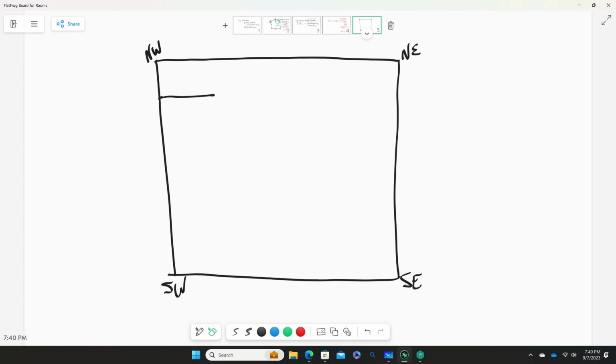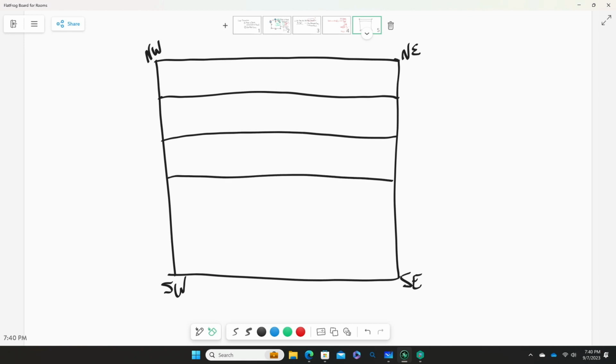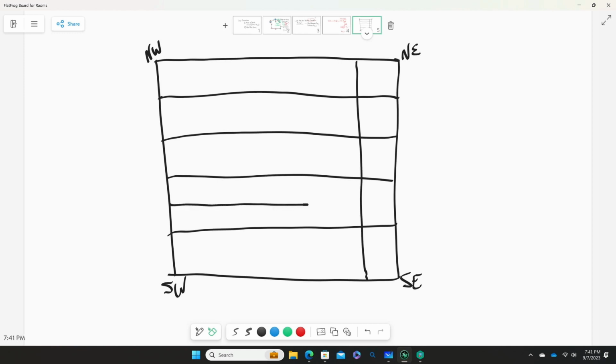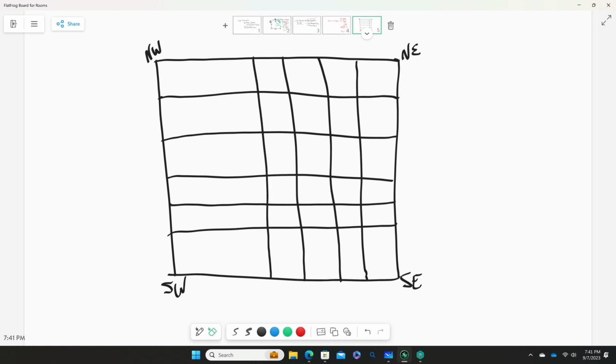So what the surveyors did, they used things called chains, and they would survey out, and I'm going to try to draw this out and hopefully get this correct. So 1, 2, 3, 4, 5, 6. I know this is not real straight, so my apologies.